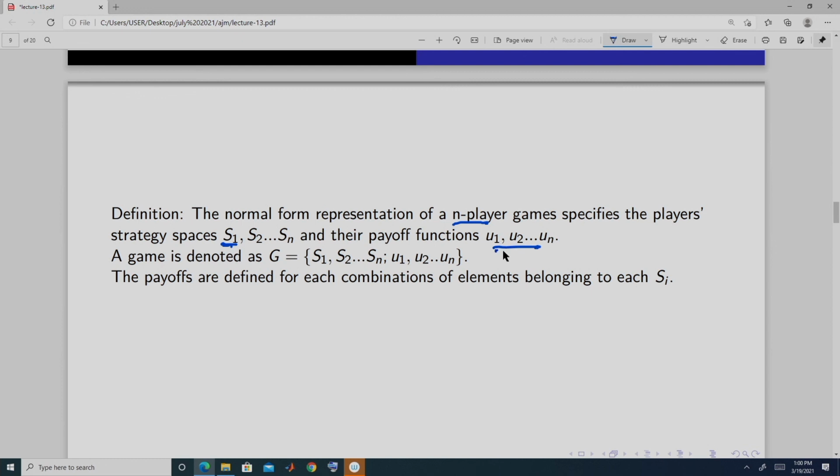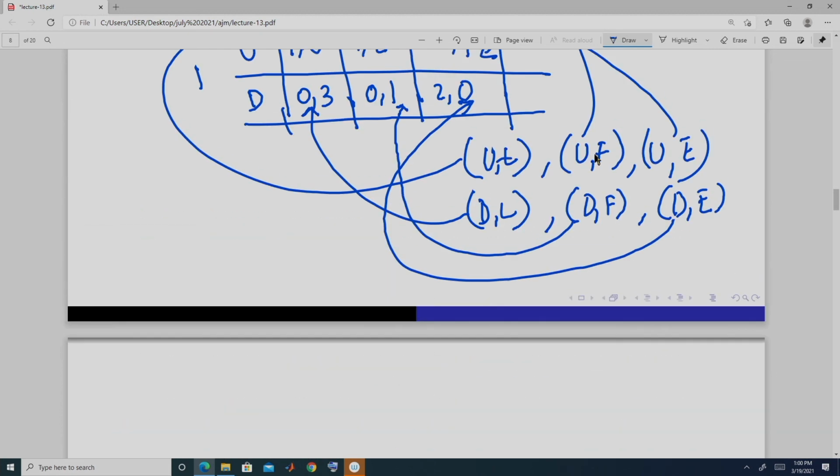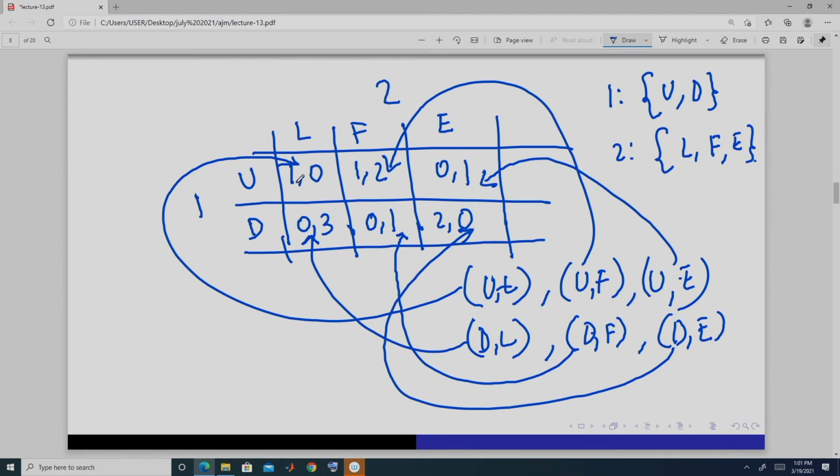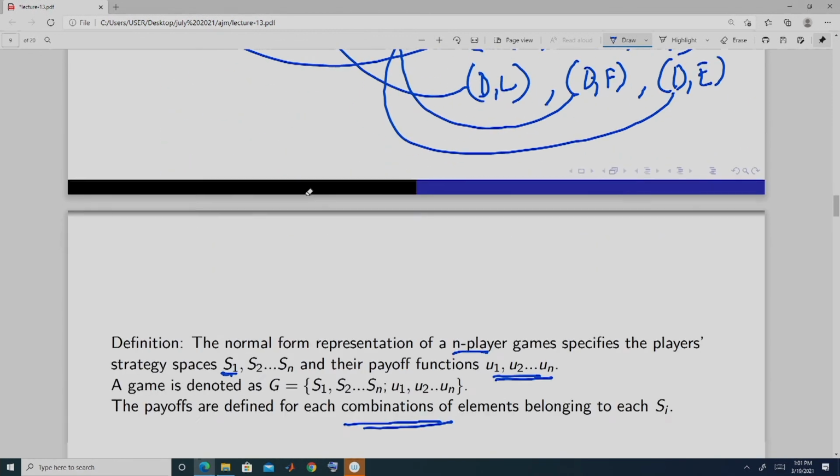So, there is a utility function defined for each player, and the payoffs are defined for each combination of elements, so all possible combinations. For these we have to define how much payoff they get. Okay.